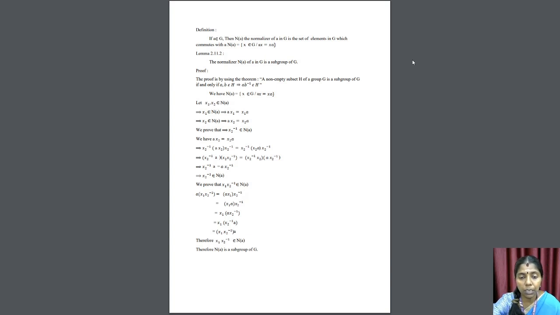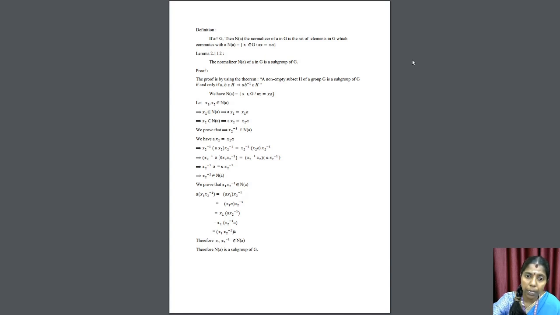Now our claim is x1 into x2 inverse belongs to N of A, by using the theorem. A x1 x2 inverse equals A into x1 into x2 inverse. Using the associative law, that equals x1 into A x2 inverse.